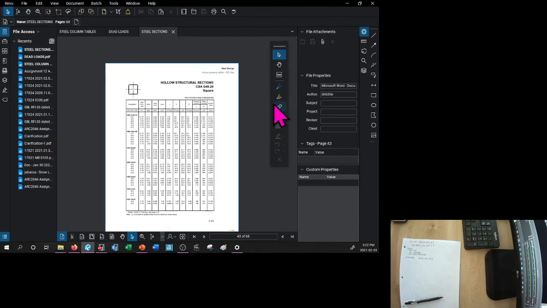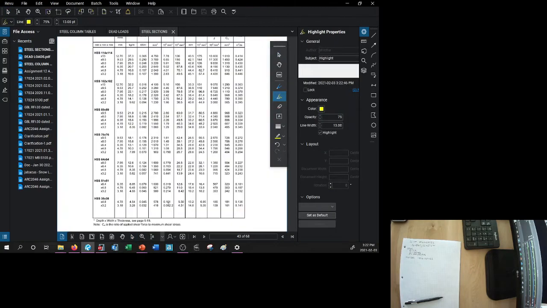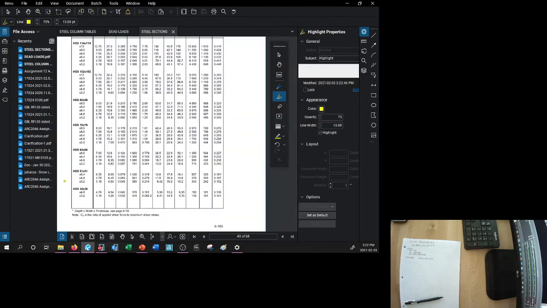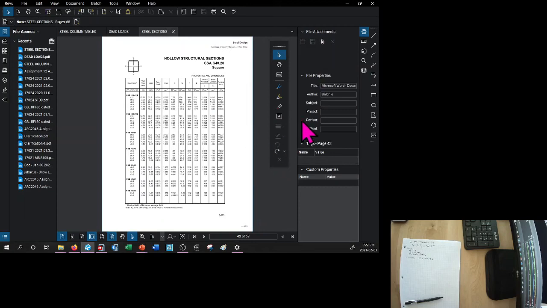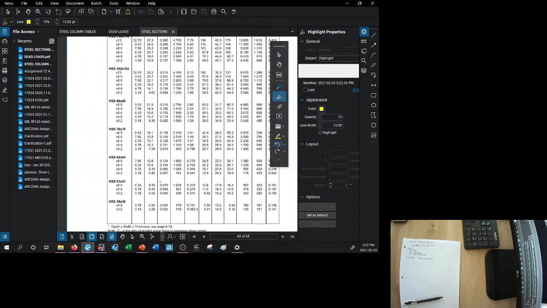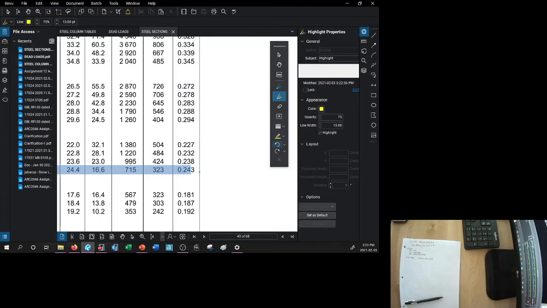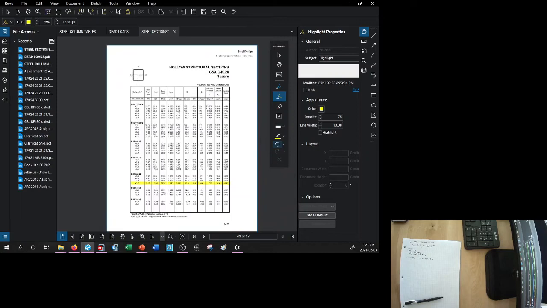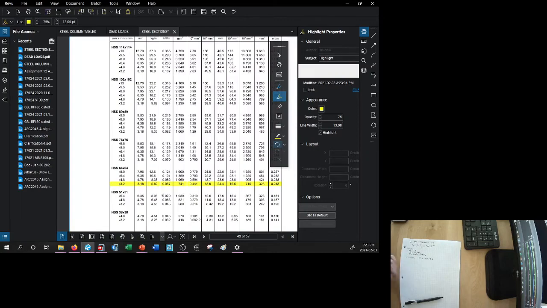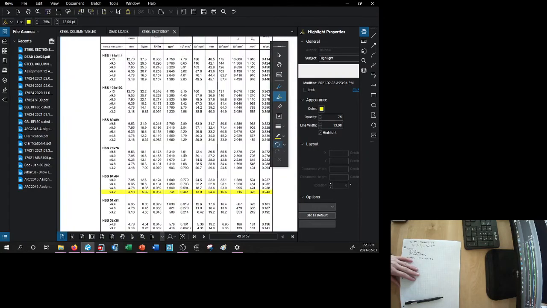So let's bring our highlighter down here. 64 by 64 by 3.2. Because my mouse is an awkward size, it's not letting me highlight things quite the way I would hope. There we are. We have all kinds of properties we can look up for this particular section.